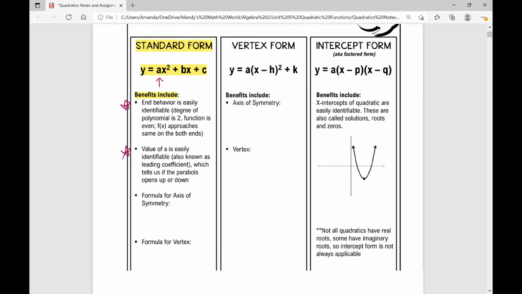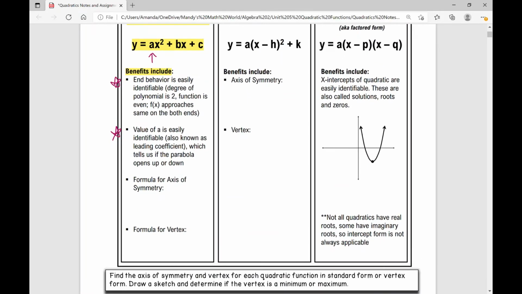Now let's get to your formula for your axis of symmetry. That axis of symmetry is an invisible vertical line. I can actually calculate the equation for that axis of symmetry. Because it's a vertical line, the equation is going to be x equals. X equals what? Your formula is negative b over 2a, because that axis of symmetry goes through the vertex, right?